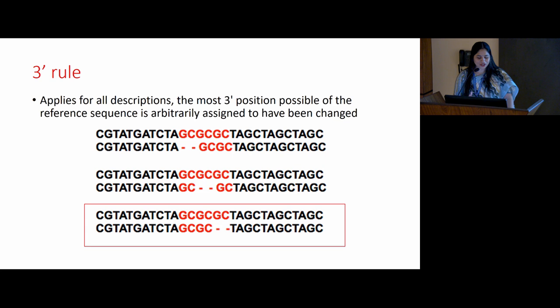Similarly here, just to make it similar in everyone's mind, because no one can say who is correct. You can't say the people who said the top one are wrong, but to make a uniform rule and uniformity across reporting, it has been made that the 3' change is supposed to be happening.